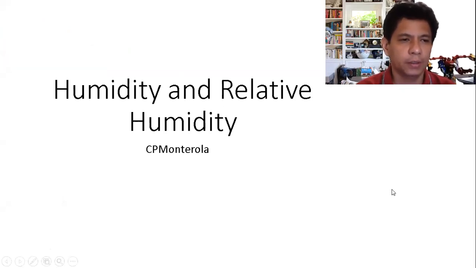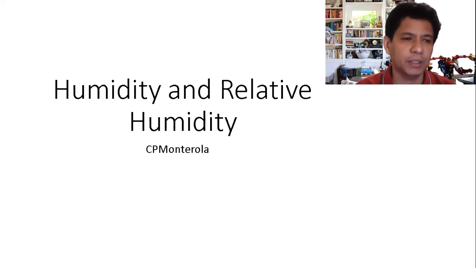Okay. So humidity and relative humidity. Several unit operations or equipment in chemical engineering use this concept. You're going to encounter this in unit operation courses, humidity and relative humidity.